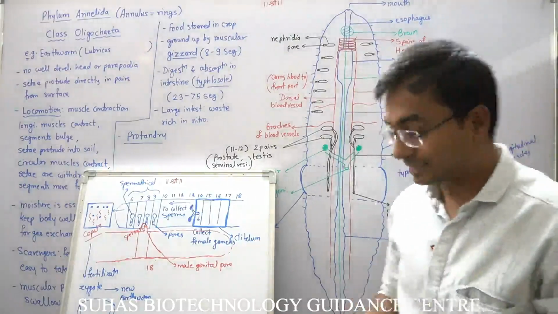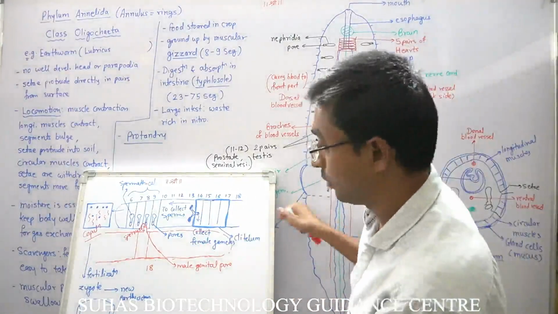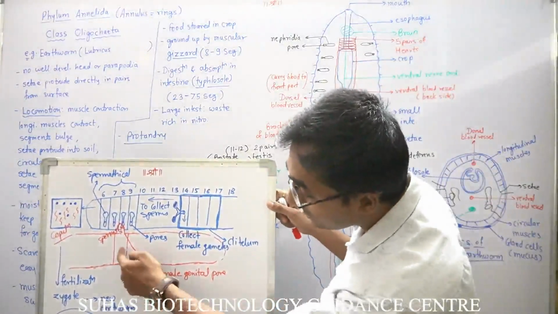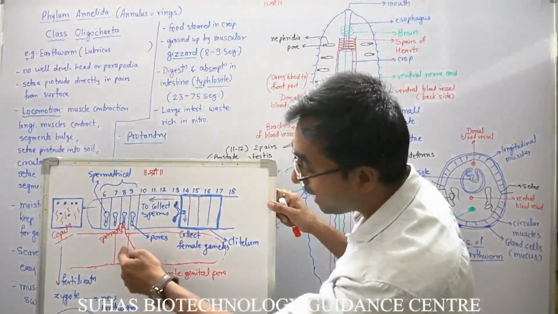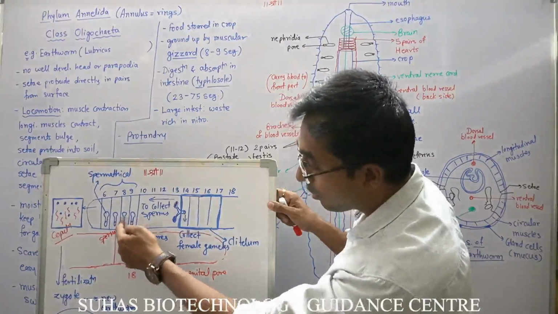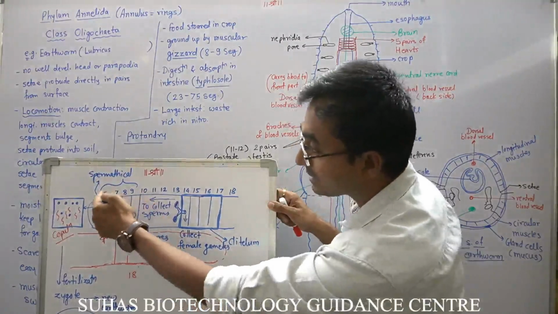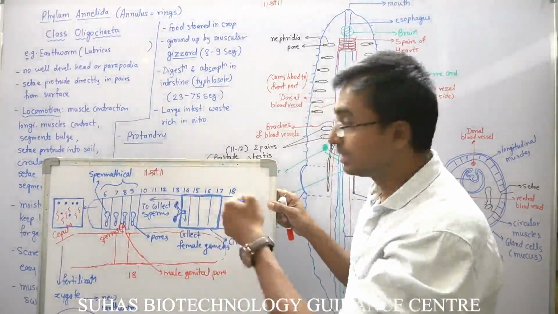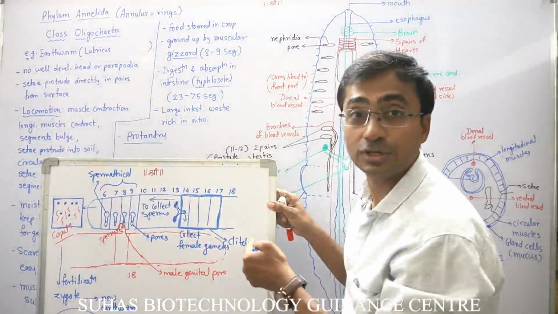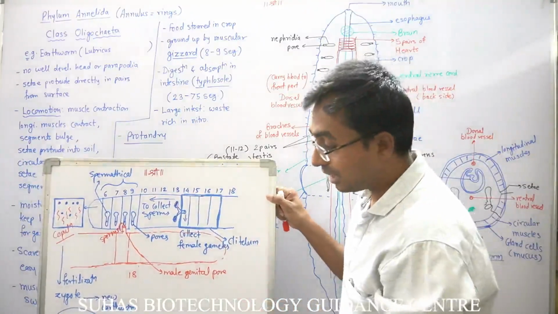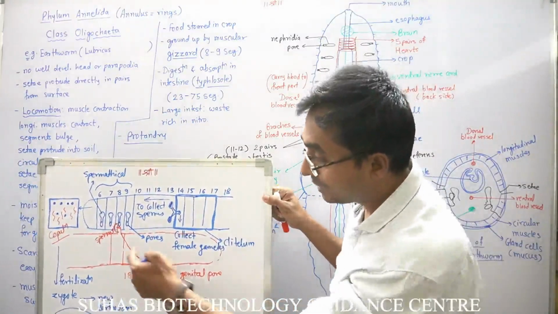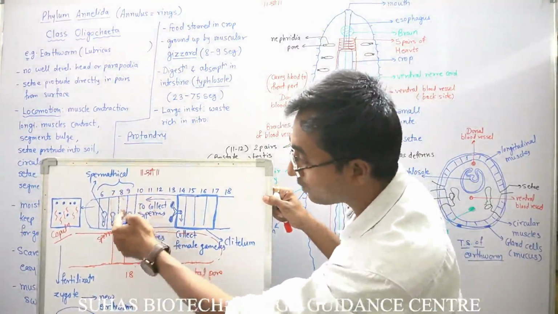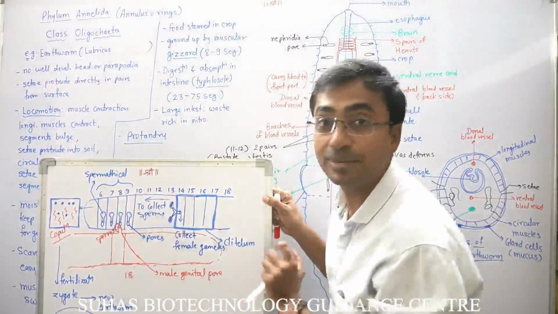The 18th segment of this earthworm, which has the male genital pore, will attach with the 6th, 7th, 8th or 9th segment of the other earthworm. So this is the first earthworm, and the 18th segment of this one, which has the male genital pore, will come in contact with the 8th or 9th or 7th or 6th segment.